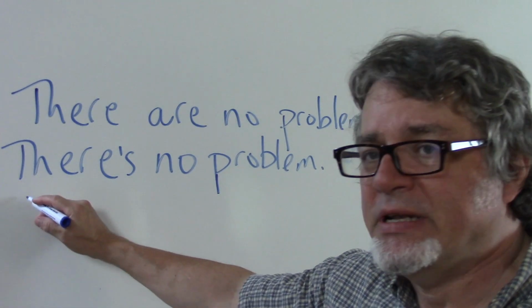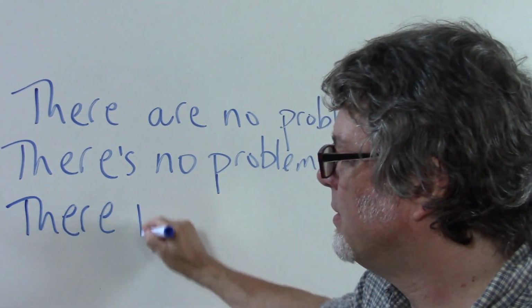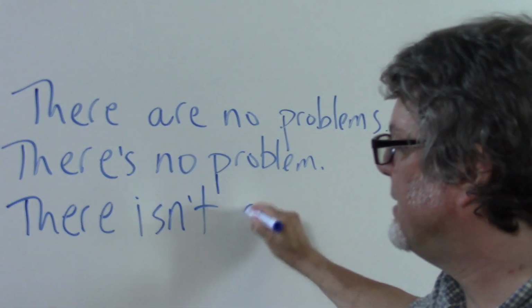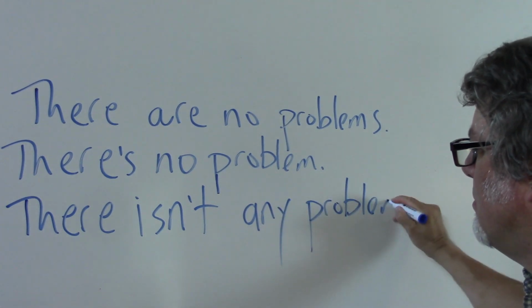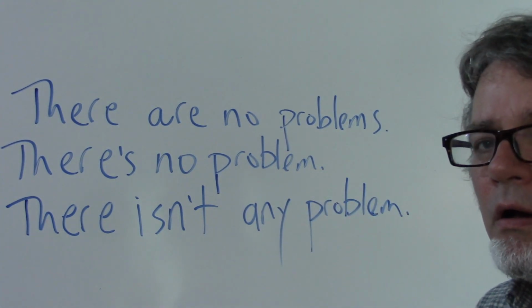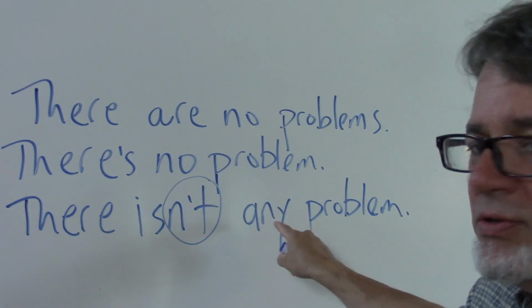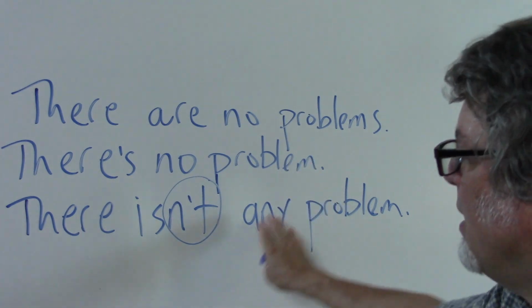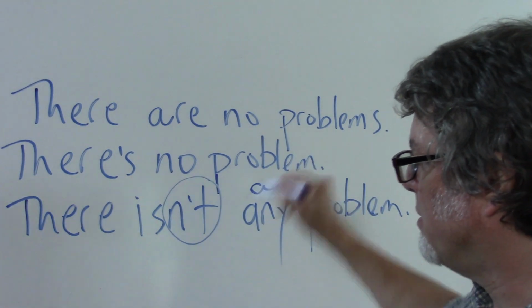If I use the word not, this changes a little bit. There isn't any problem. Because we're using not, in most cases, you will choose an adjective like any, or you can use an article.